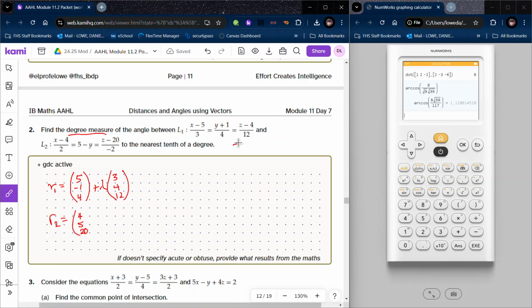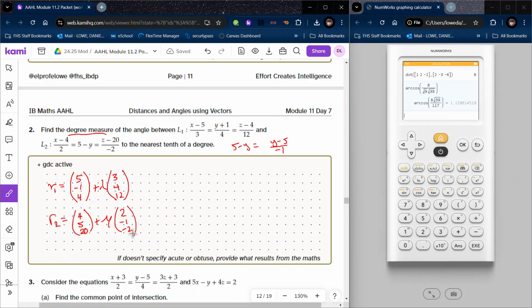And remember, 5 minus y we want to rewrite as y minus 5 divided by -1. So that's why I have a point of 5. Then make sure I change my parameter. And the directionality is 2, -1, -2.